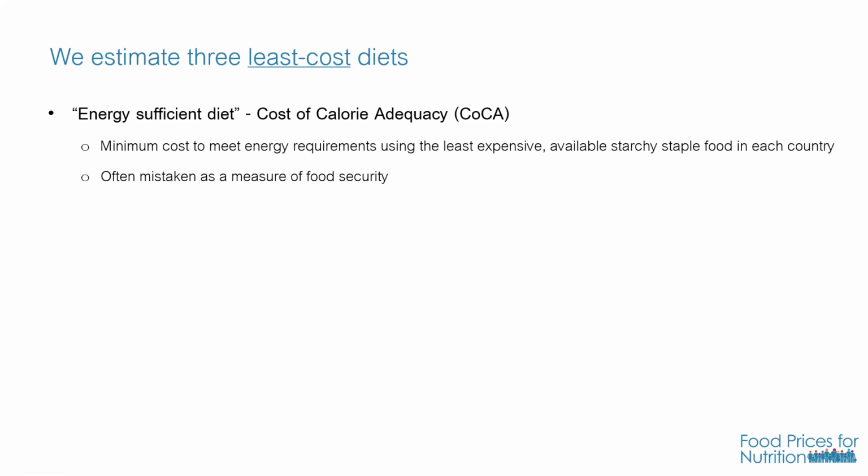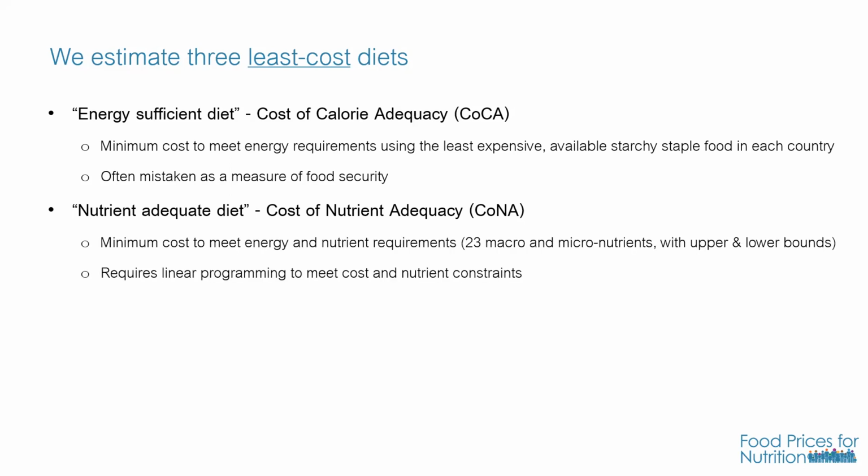In the past, this was used as a measure of food security. And as we know from our definition, it's really not sufficient to look at energy needs as a measure of food security. This is just a baseline cost of what you would need to meet energy needs. The next diet is the nutrient adequate diet, or the cost of nutrient adequacy.